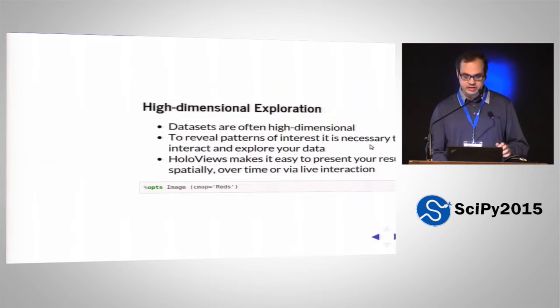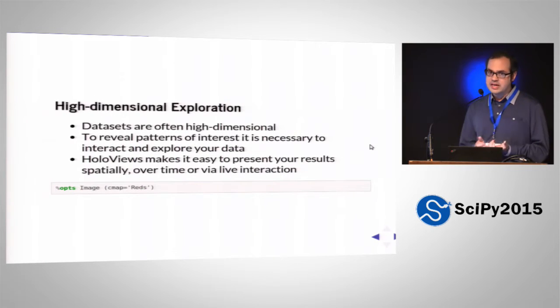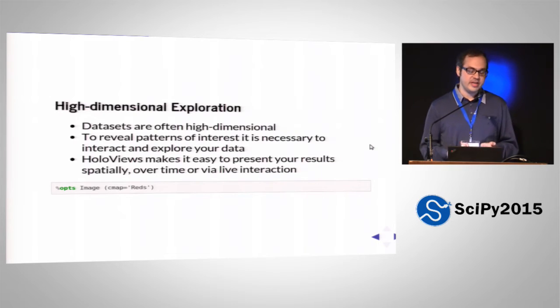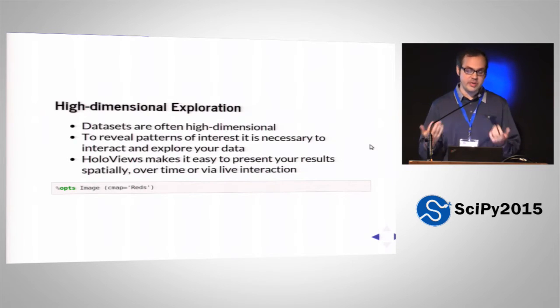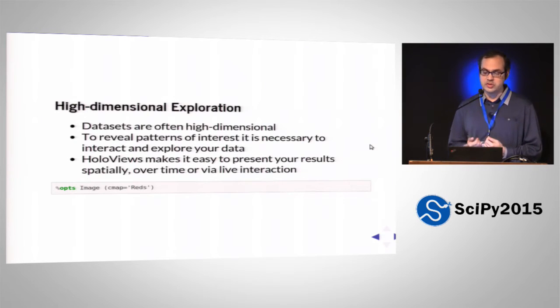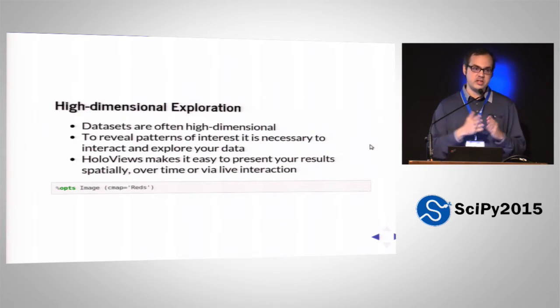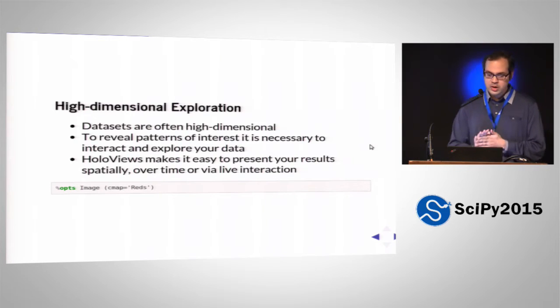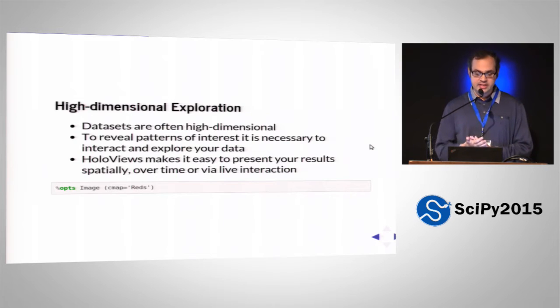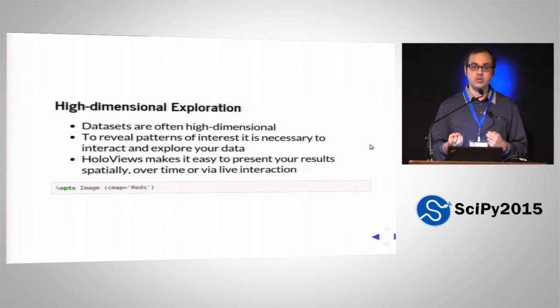Another thing that's very important is, even if you can generate static figures, which might be useful for publication, you are often exploring your data when you're doing your day-to-day research. You find that data sets are often very high-dimensional, and there's a lot of results contained within them. Typically, you might have a collection of results, and there's some sort of dimension over which your results are varying. Now, HoloViews makes it very easy to explore your data.